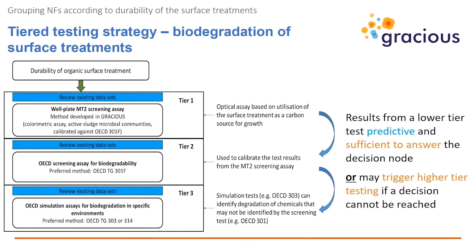What's important when you have these tiered testing strategies is that the lower tiers should be predictive of your higher tier test answers. In some cases, you can get a result which is sufficient to answer the decision node. However, in other cases, your lower tier test outcome may trigger higher tier testing if a decision cannot be reached on the basis of that lower tier outcome.